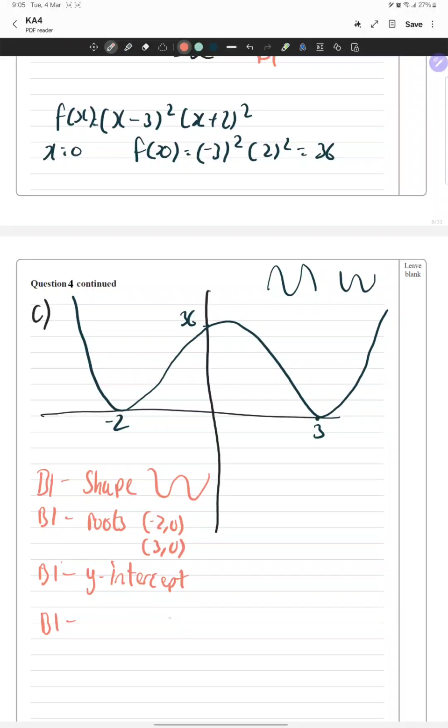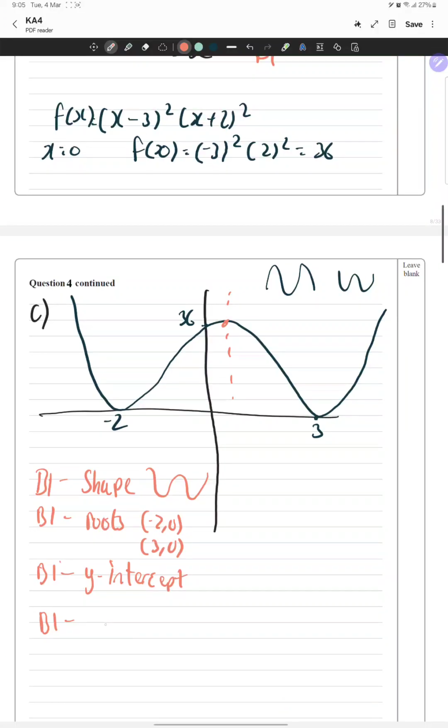And a B1 for the maxima being to the right of the y-axis. Well, not really a max, it's a middle. Okay, and that is question 4.